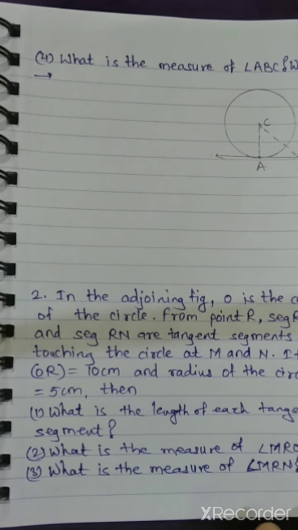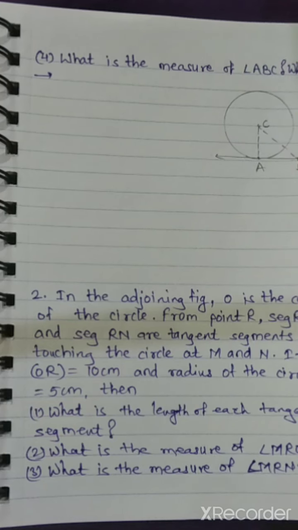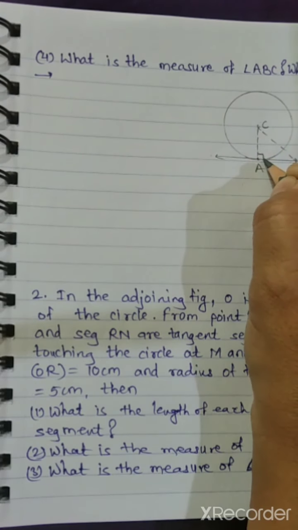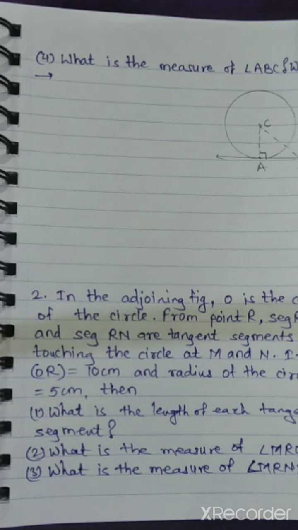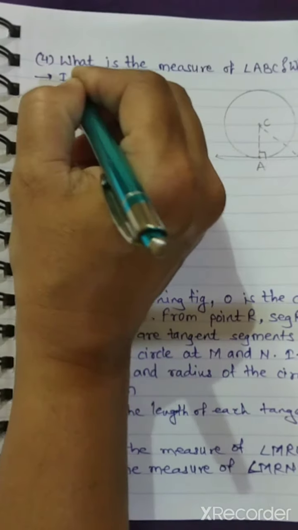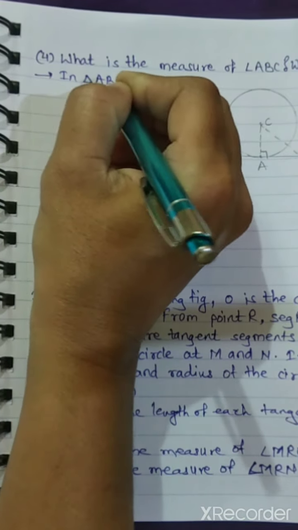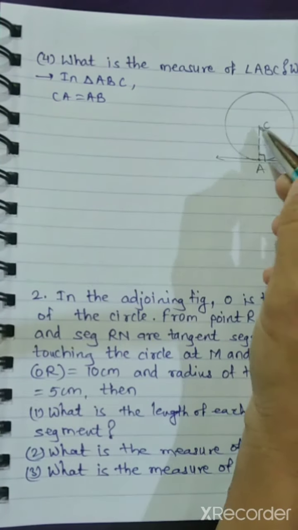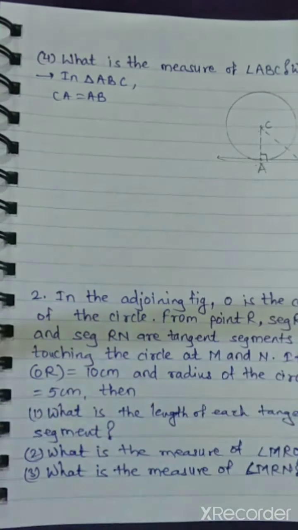Now fourth sum of first question. What is the measure of angle ABC? We have to find the measure of angle ABC. Now here we know that measure of angle CAB is 90 degree. Now here in triangle ABC, CA is equal to AB, 6 centimeter and 6 centimeter each.